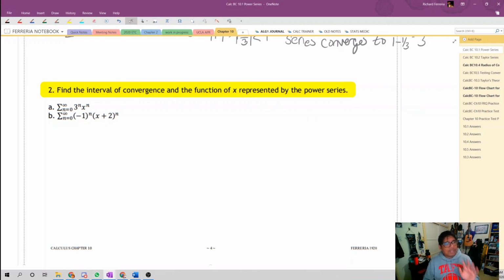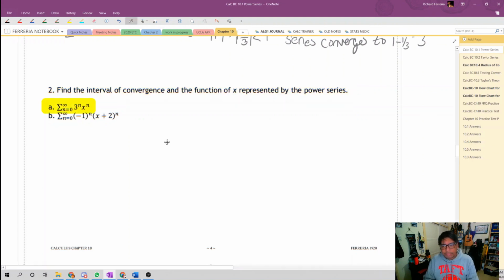So if it doesn't look like a geometric series, like letter A, then what you should do is write out the first 4 terms of the series. I highly recommend that if you get something in sigma notation like you have here, write out the first 4 terms, and then you'll be better equipped to see if it is a geometric series.